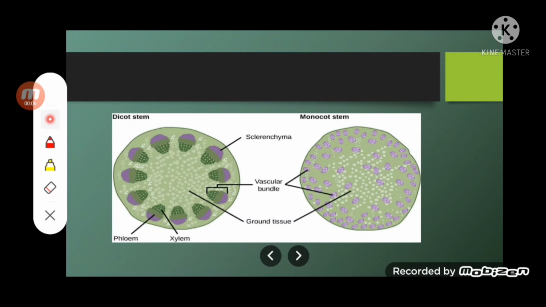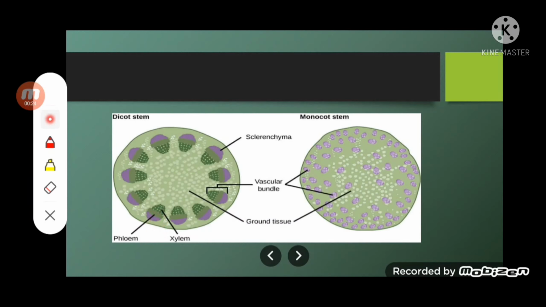Here we can see the arrangement of vascular bundles. Here in dicot stem, it is shown this part is xylem and this part, little pinkish, that is phloem.